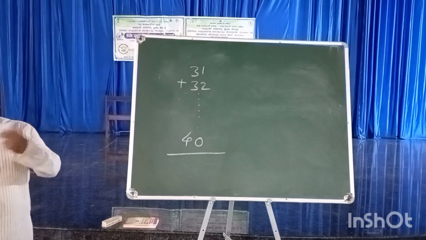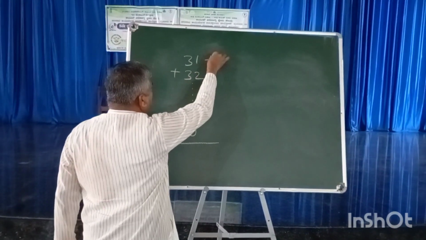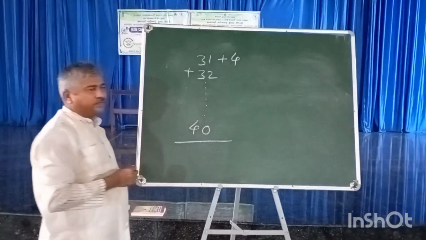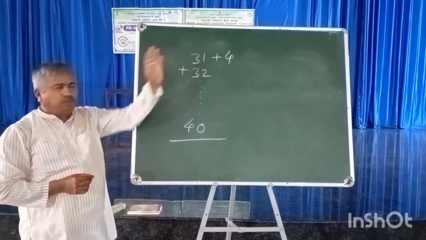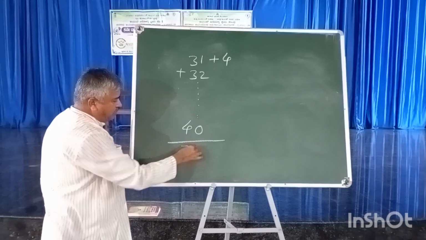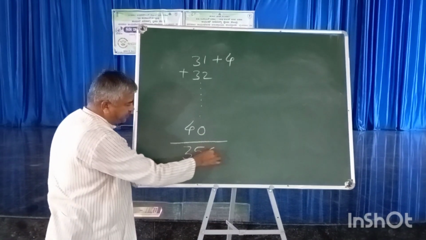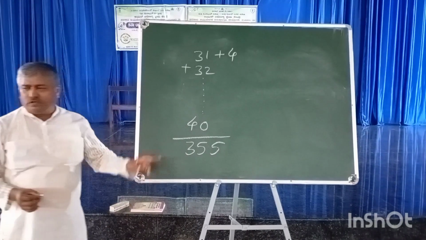Then there is a Vedic technique. Add 4 to the first one. 31 plus 4 is 35. Now repeat this 5. 350. This is the answer.